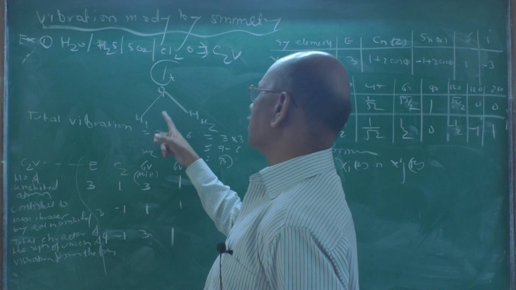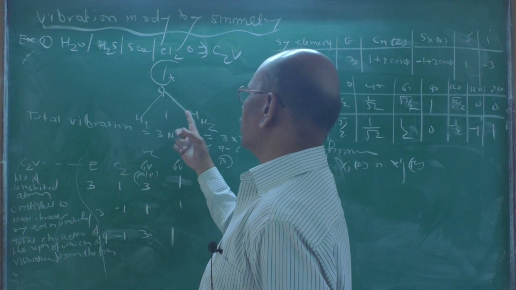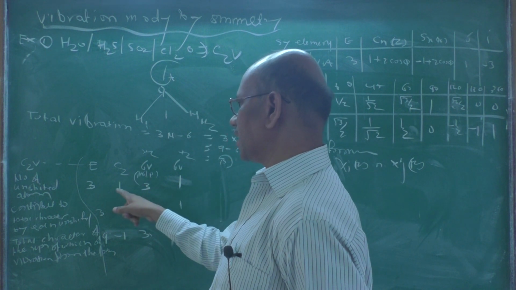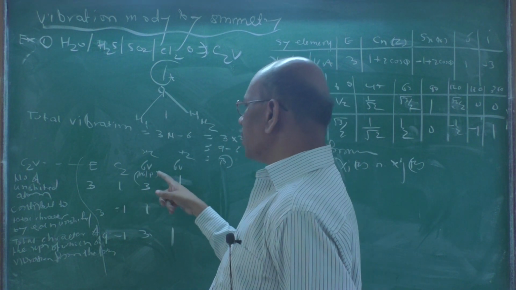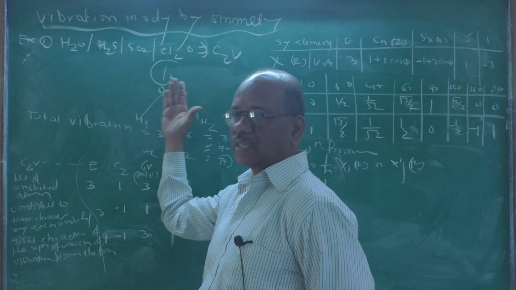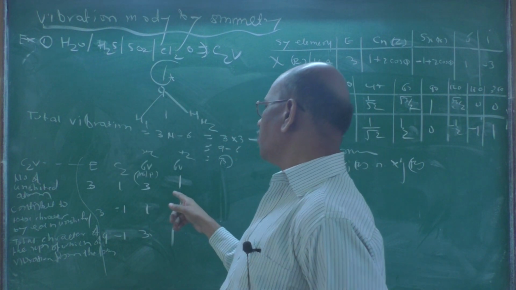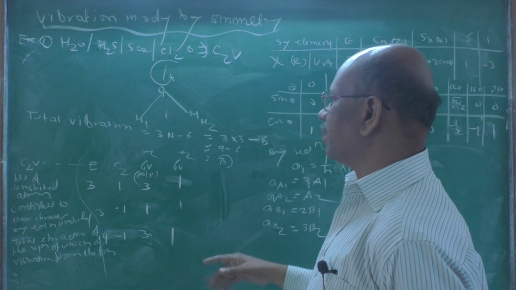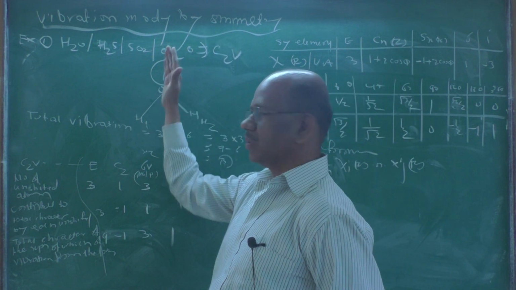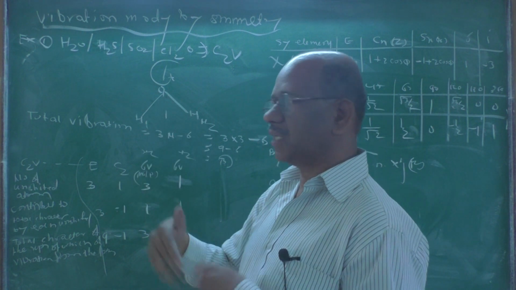If we carry out the rotation at 180 degrees, oxygen remains as it is and hydrogens are exchanged, so unchanged atoms are 1. If we carry out the reflection in the molecular plane, all remain unchanged, so it is 3. If we consider the YZ plane, it is just like your C2, so 1 oxygen remains unchanged and 2 hydrogens are exchanged with each other.